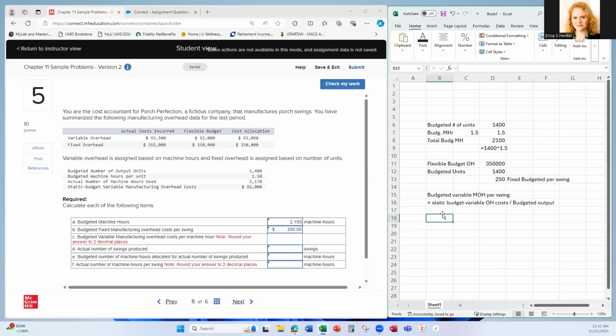Okay, so we're going to actually take then the variable dollar amount that they gave us here, right? And we're going to divide that by the budgeted machine hours, because we're trying to get variable overhead costs per machine hour. So if we know that our budgeted machine hours are the 2,100, we're going to divide that by the budgeted machine hours.